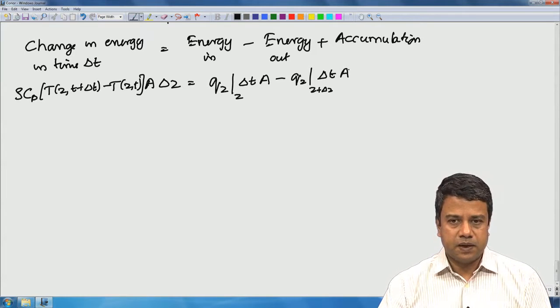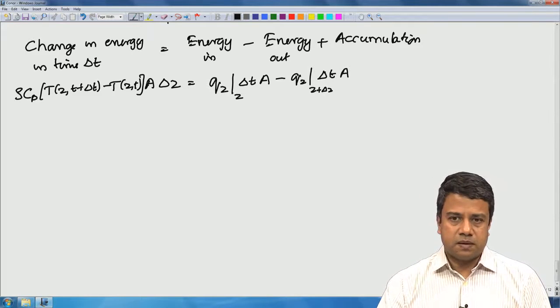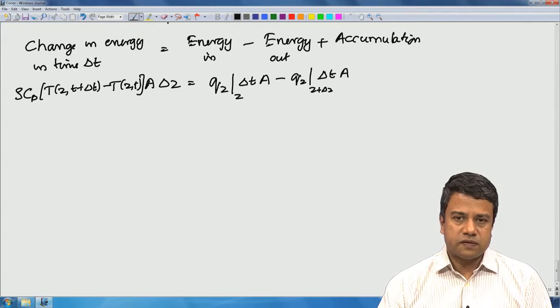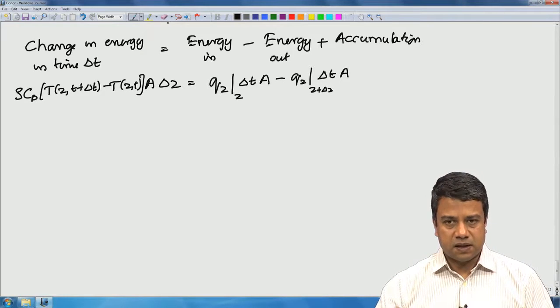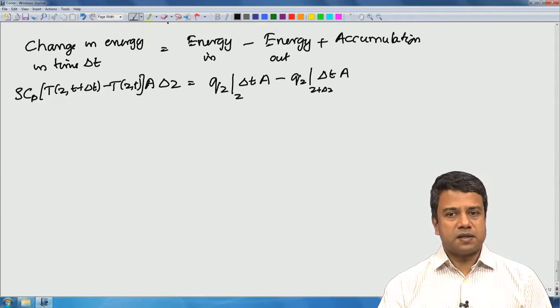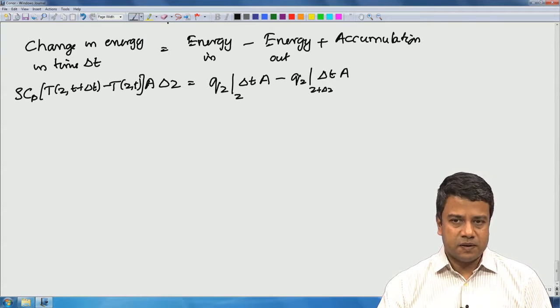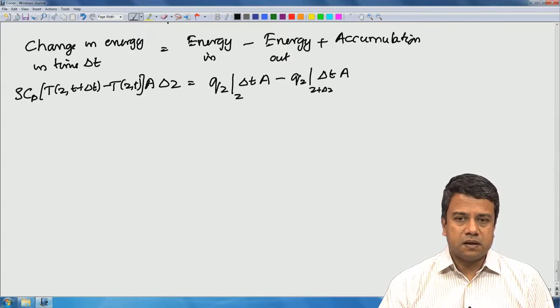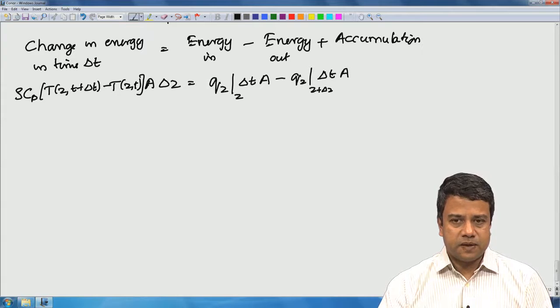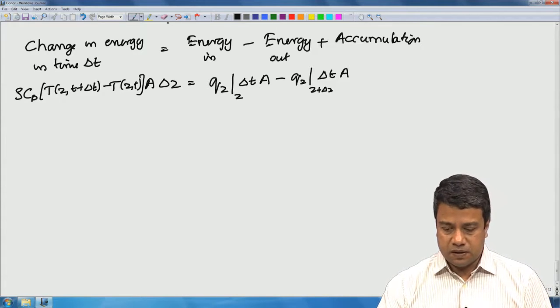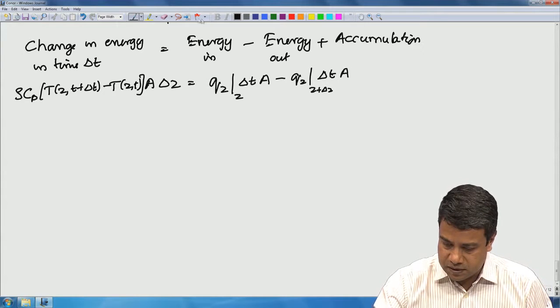And this accumulation term, if there is any source of energy within that element, let us say because there is a reaction within that element, or there is some phase change within that element, the source of energy within that element, so I should write this as source rather than accumulation.